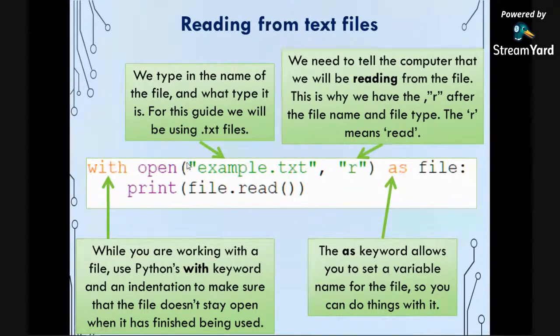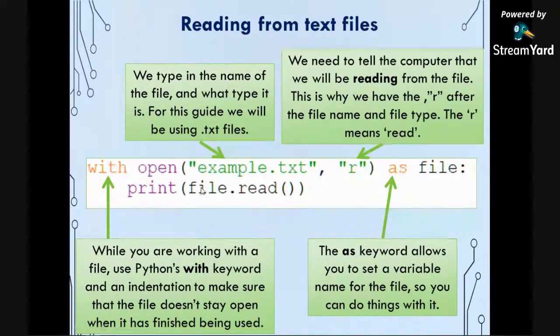So it's opening the example.txt as a file, and it's going to print out whatever is in that file. So it's reading what is in the file, and this syntax is very specific to files.